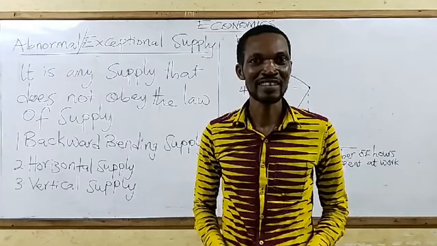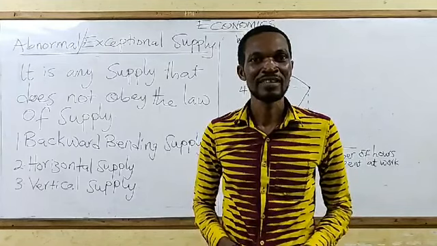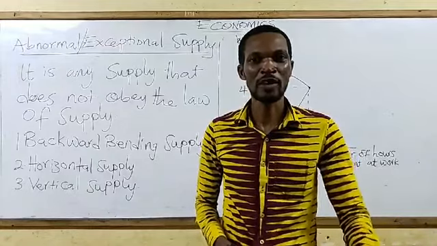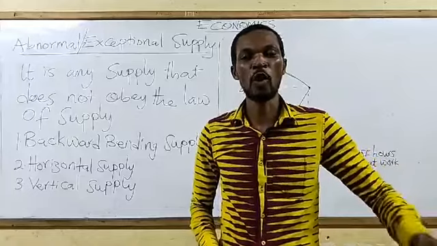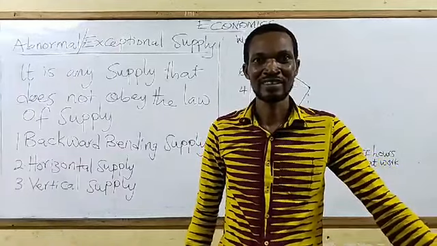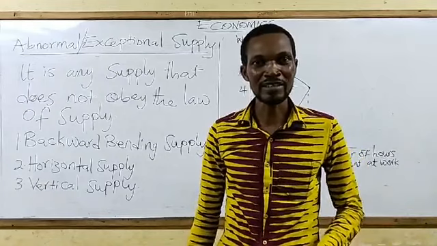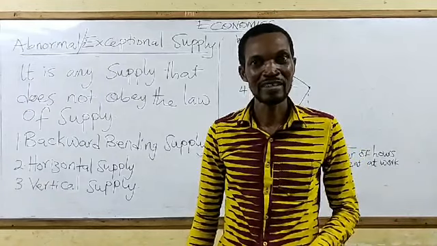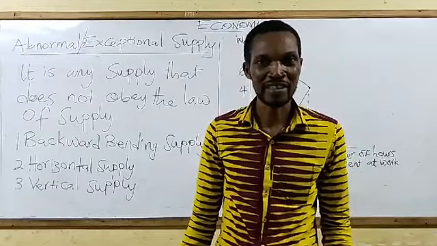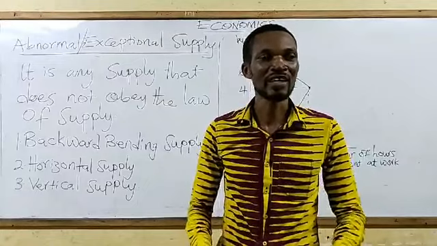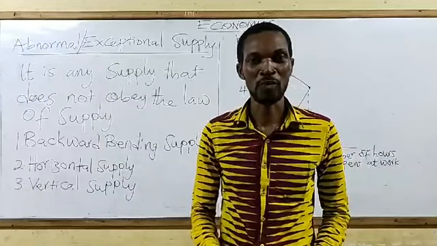It says that, other factors held constant, the higher the price of the commodity, the higher the quantity that will be supplied onto the market. Alternatively, the lower the price of the commodity, the lower the quantity that will be supplied onto the market. Other factors held constant. That is the law of supply.